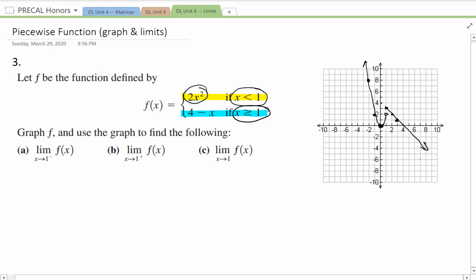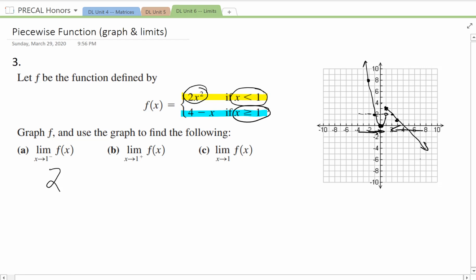So the limit of f of x as x approaches 1 from the left-hand side. We're decreasing, decreasing, decreasing. You get to 0. You're increasing, back up. And as x is approaching 1 from the left side, you are approaching the f of x value 2. As x approaches 1 from the right side, we're increasing, increasing, increasing.